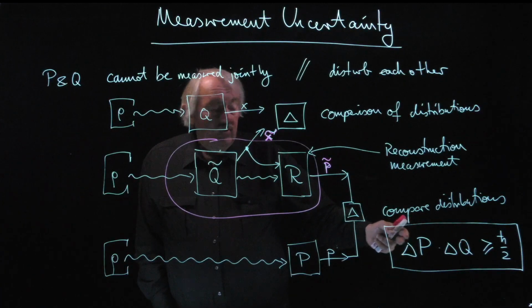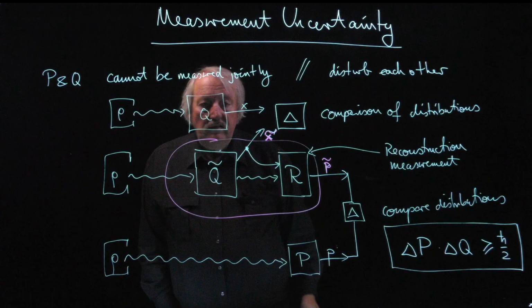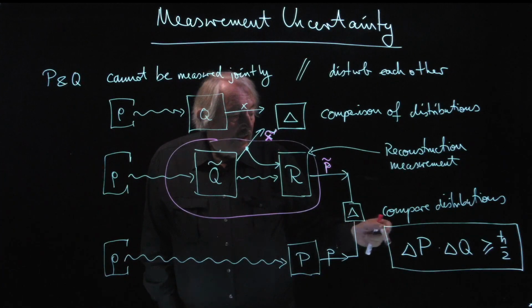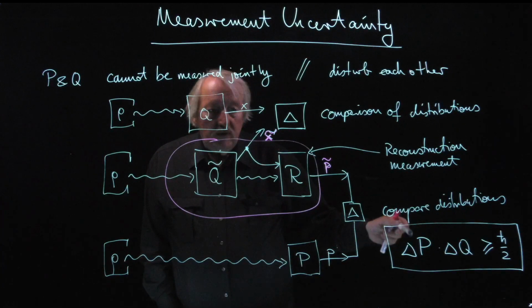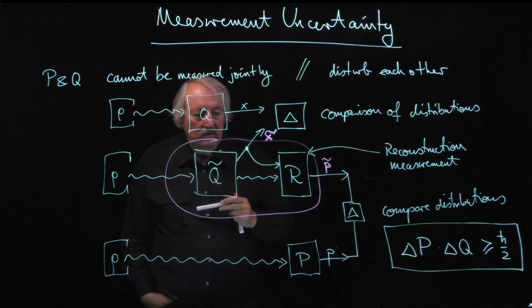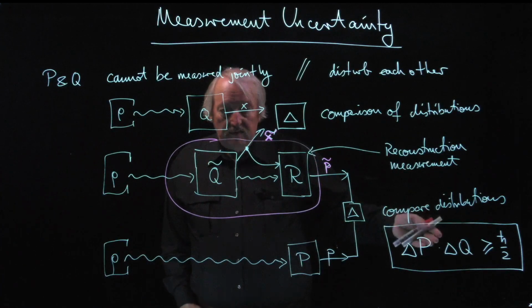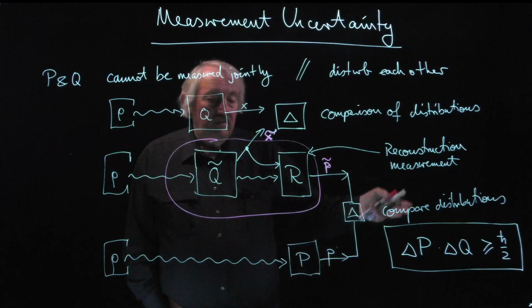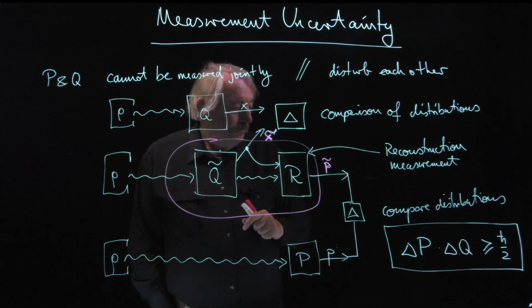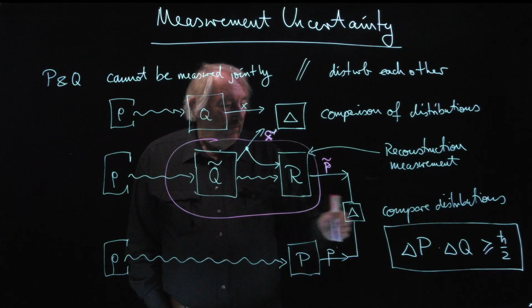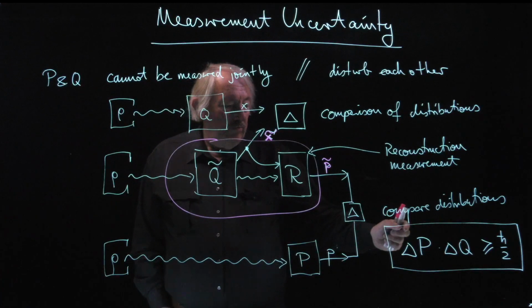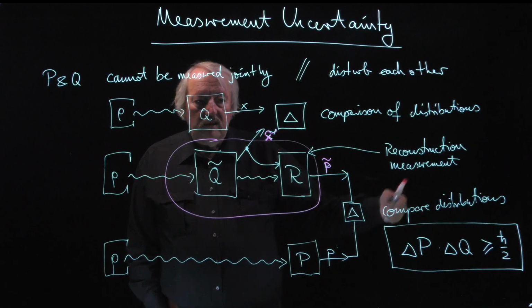And we did this in great detail. And there's one class of cases where it works, and that covers, among others, this position momentum, but also every situation where P and Q, these observables, are technically related by a Fourier transform.